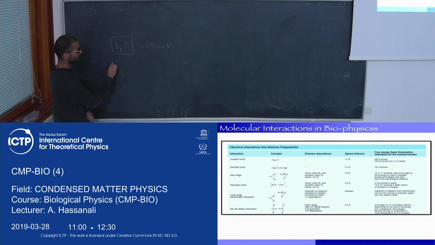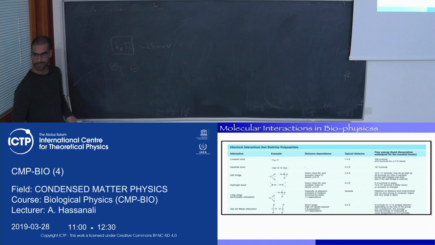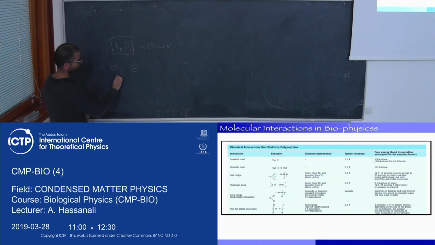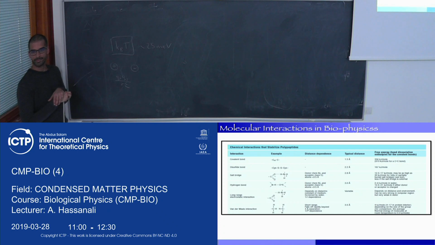Now I have an interaction between two charges, and I know that this interaction goes as 1 over r epsilon.